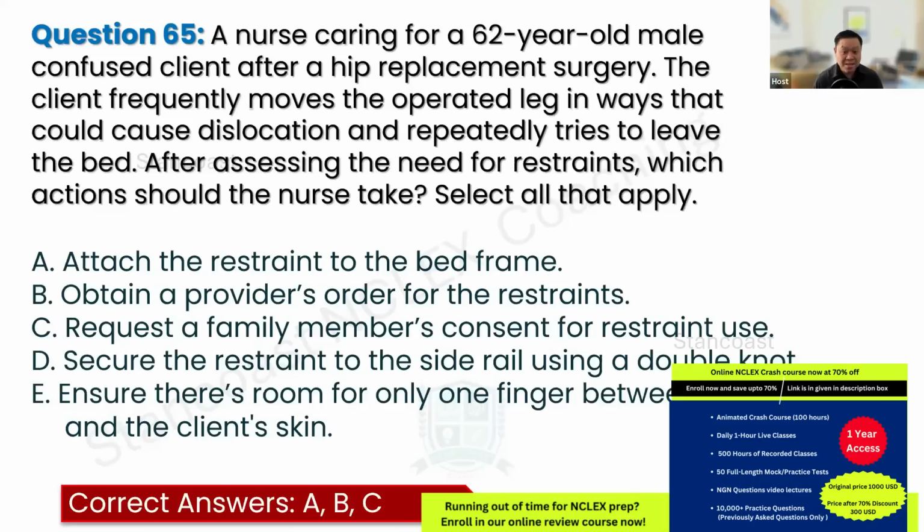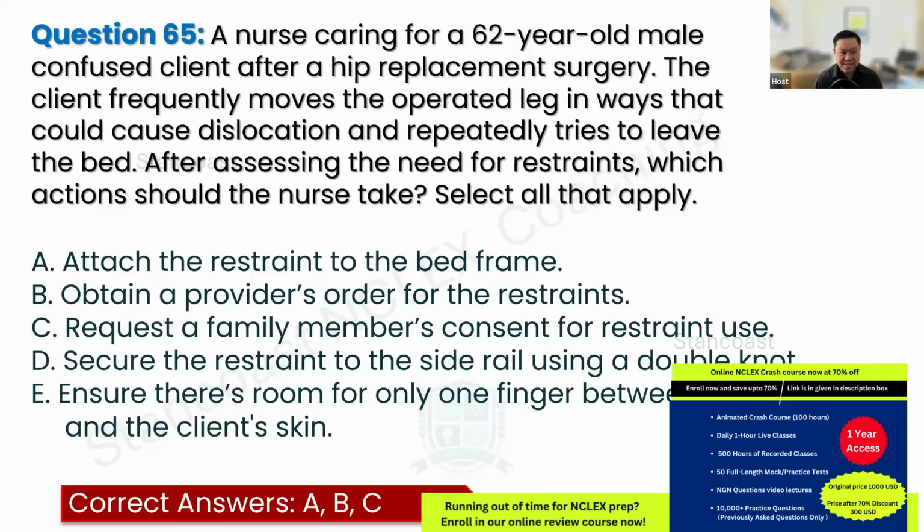If you selected letter D, this is incorrect because restraints should be secured with a quick release knot to allow for fast removal in emergencies. If you selected letter E, this is also incorrect. There should be enough space to fit 2 fingers between the restraint and the client to prevent skin damage.